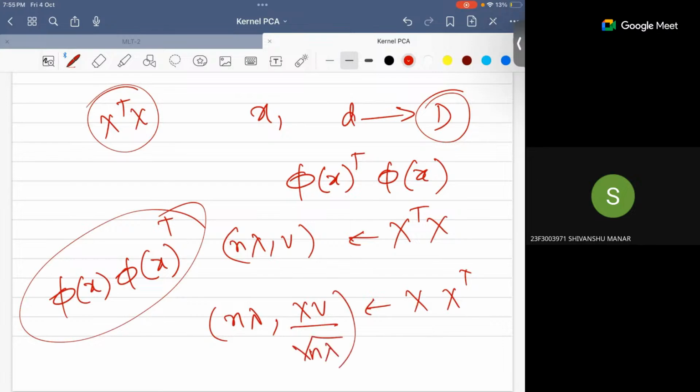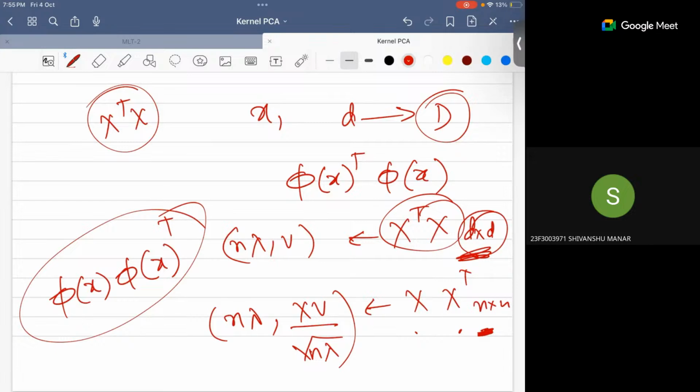This is what we got for X X transpose earlier. One is in the form of D cross D and the other N cross N, because we took the help of the D cross D matrix to calculate the eigenvector corresponding to the N cross N matrix.